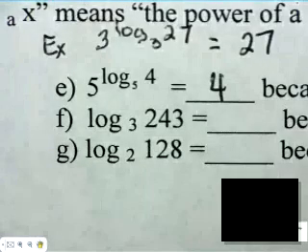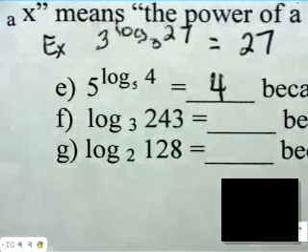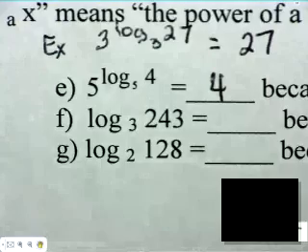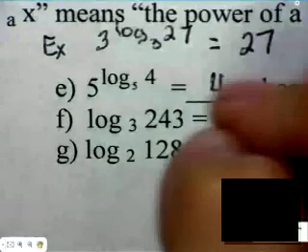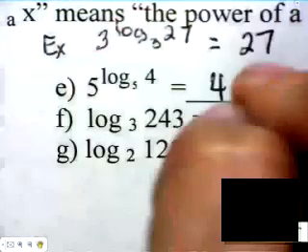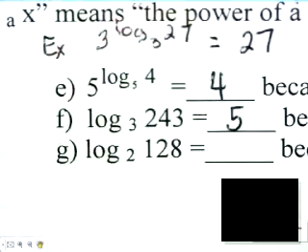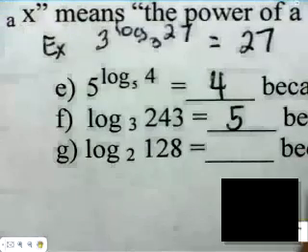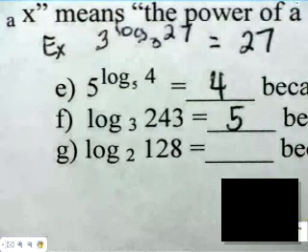Just count by powers of 3 until you get to 243. 3 times 3 is 9, times another 3 is 27, times another 3 is 81, times another 3 is 243. So log base 3 of 243 equals 5. Actually, that was up in my note number 1. I didn't mean to use the same example twice, but I did.